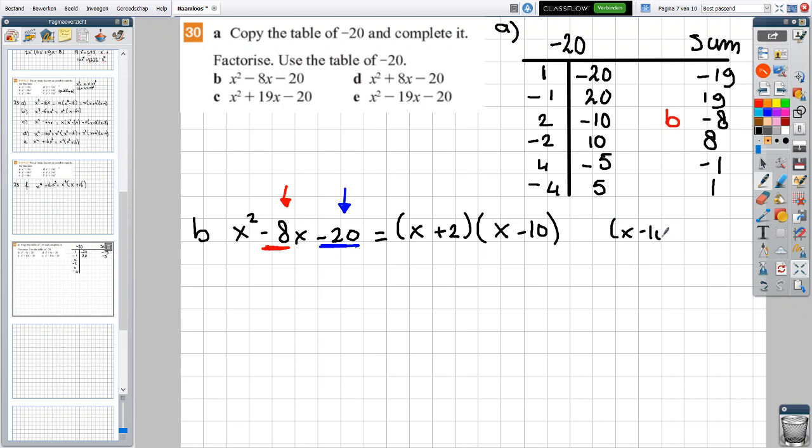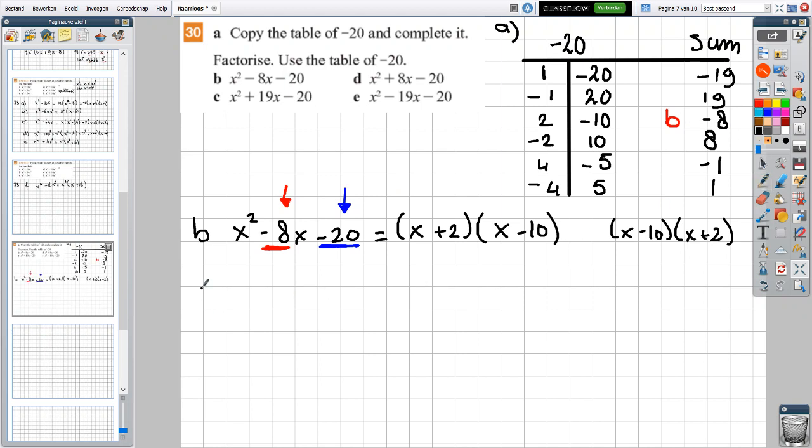So this is the same. This is also an acceptable answer, because you have two things times each other. The factors, you can switch them around. 3 times 4 is the same as 4 times 3. So this is fine, and this is fine as well, as long as I have -10 and +2, right? Because if I use +10 and -2, for example, then I find a different sum.